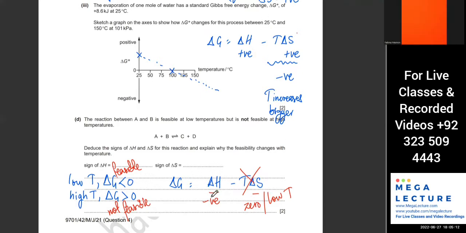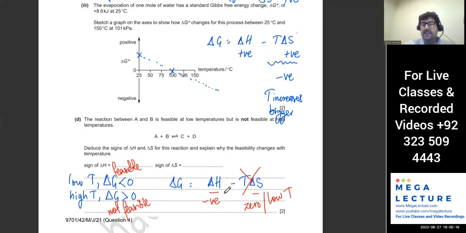So one thing I figured out is that delta H is negative, right? Because at low temperatures, the only way delta G could be negative is that this is negative. And then he says that at high temperatures, it becomes not feasible. That means delta G becomes positive, right?